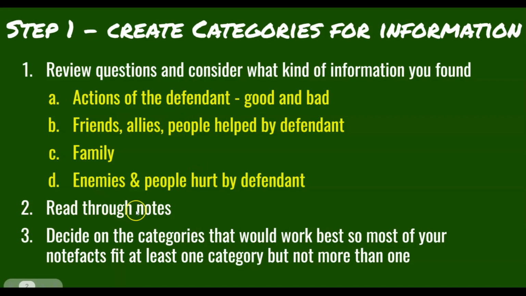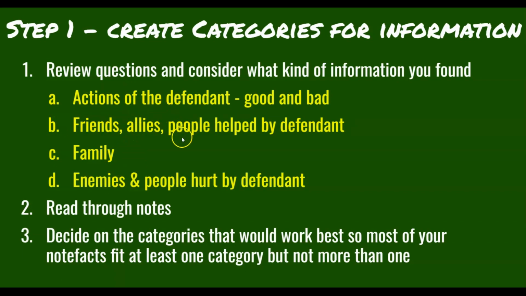And so we want to read through our notes and decide what did we actually find and how should we organize these so they work the best. Okay, ideally we would have 3 categories, so we would figure out the best way to group these 4 categories of information into 3.